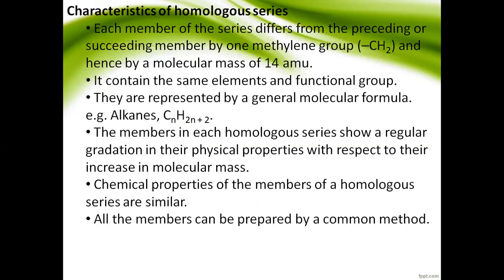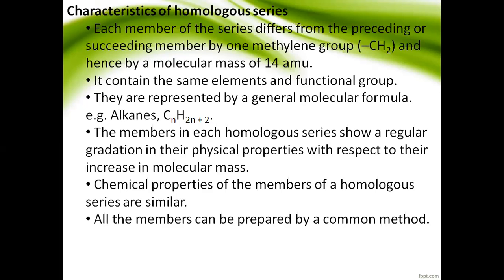The first one is that each member of the series differs from the preceding or succeeding member by one methylene group, that is CH2, and hence by a molecular mass of 14 AMU, atomic mass unit.